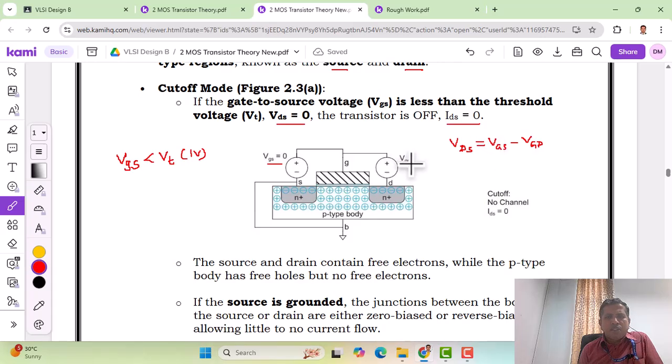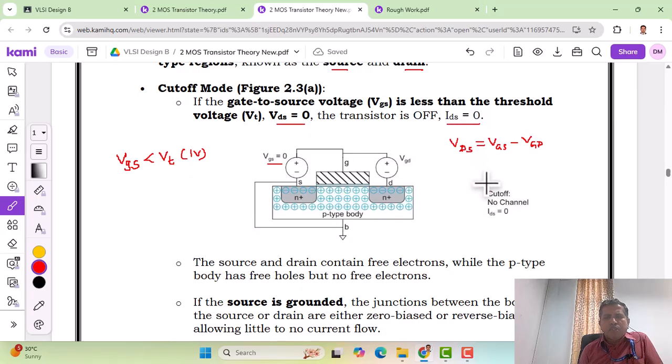VGD is also going to be 0 because of VGS. Both are going to be equal, and this makes these two N plus regions, the source region and the drain region, isolated, because in between there is a body region here. So the charge carriers from these two regions cannot move. Therefore the drain to source current is going to be 0.